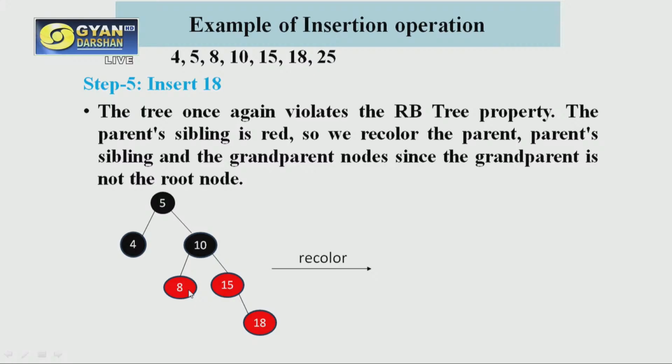So the parent sibling is red. So we recolor the parent, sibling and the grandparent node. Since the grandparent node is 10, and because it is not a root, we will do the recoloring of this also. So after doing this, we get this tree which is satisfying the red black tree property.